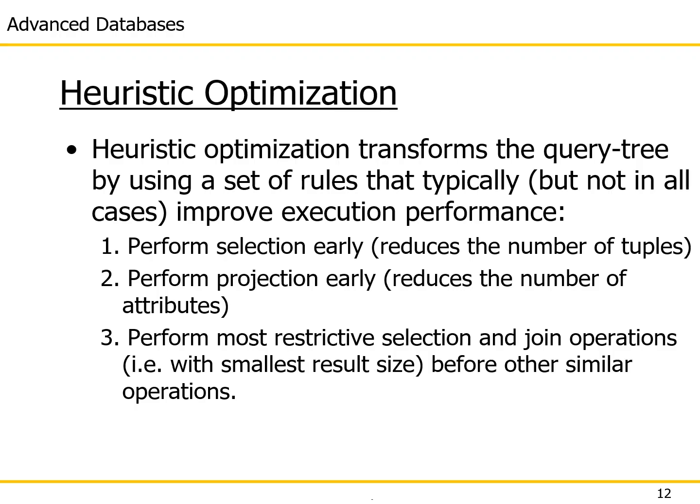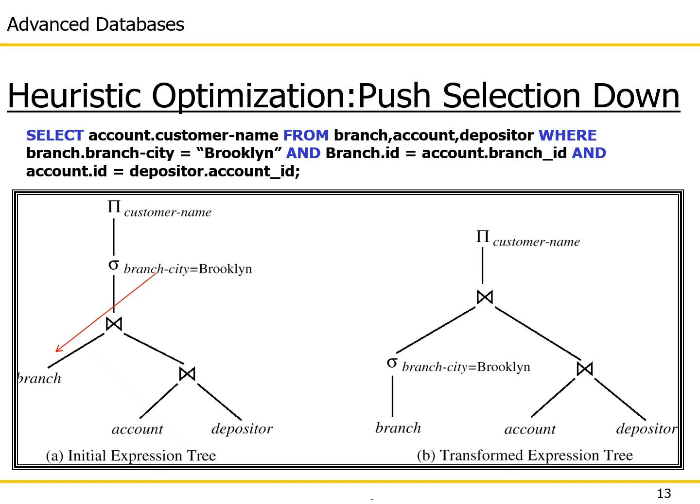So the earlier I reduce my data set, the set of rows I am supposed to be working with, the better. Okay, and this is really the rationale behind the three heuristics or the three rules. So let's look at one at a time. So the first heuristic says, push the selection down in the relational algebra tree as much as you can.